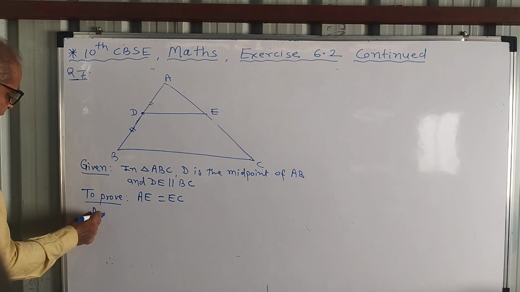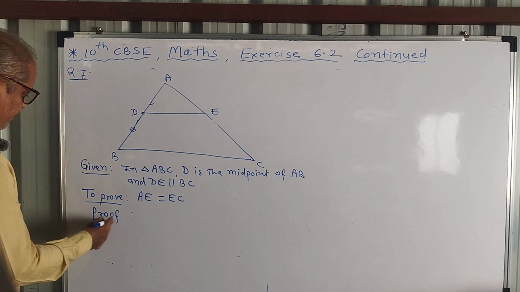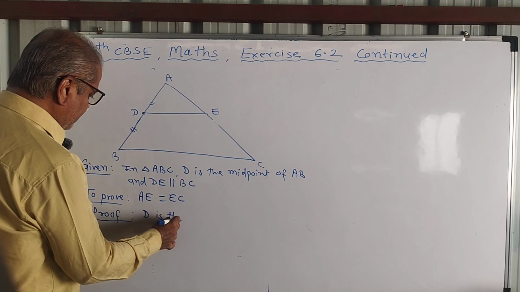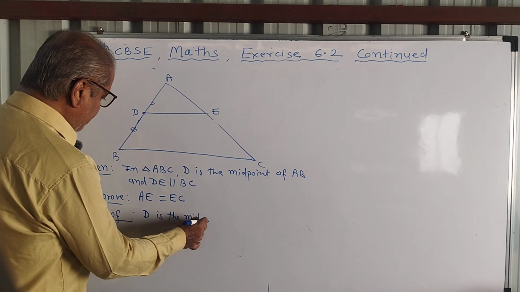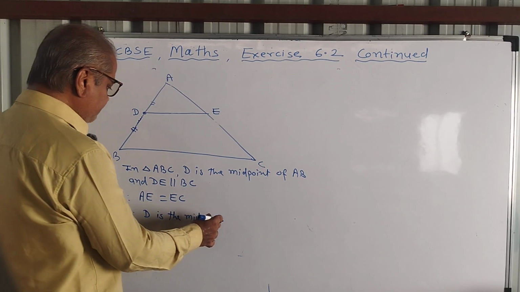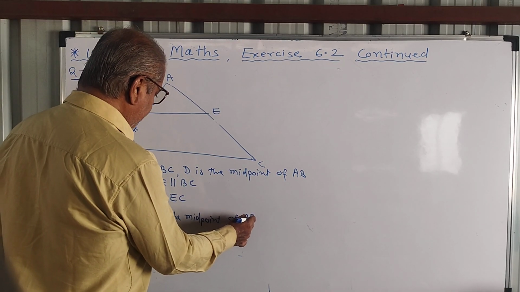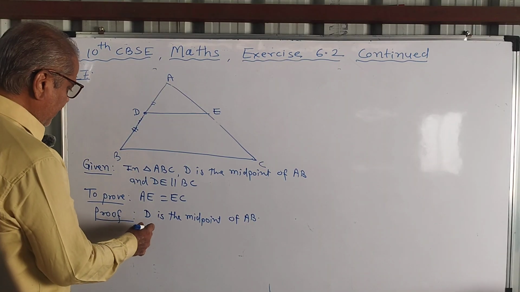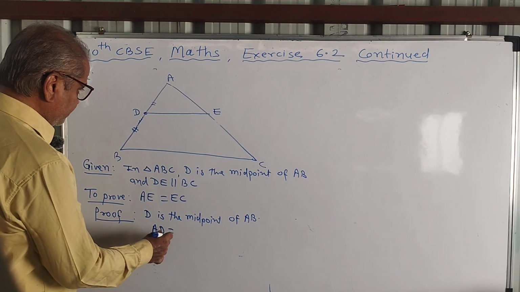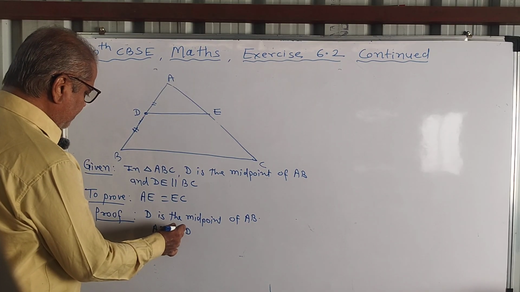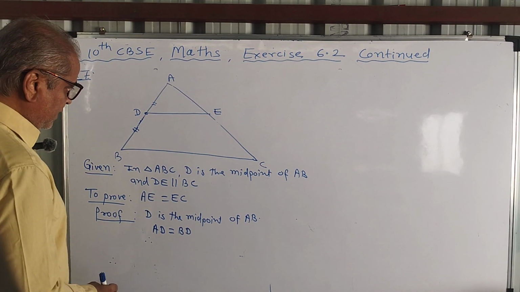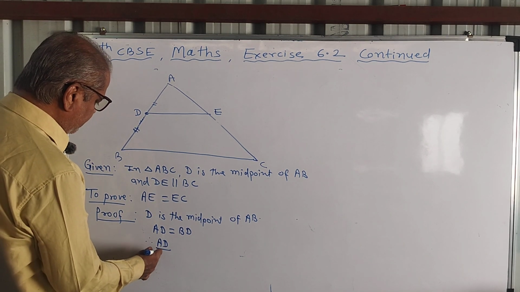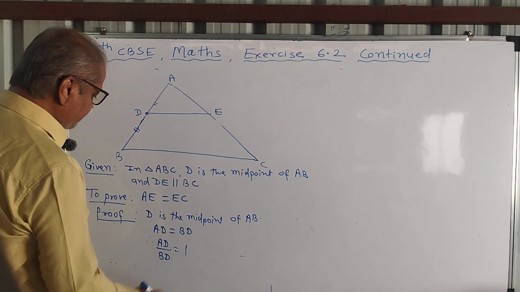So how to prove it? A very simple proof. See, D is the midpoint of AB, therefore AD must be equal to BD, and therefore AD upon BD is equal to 1.